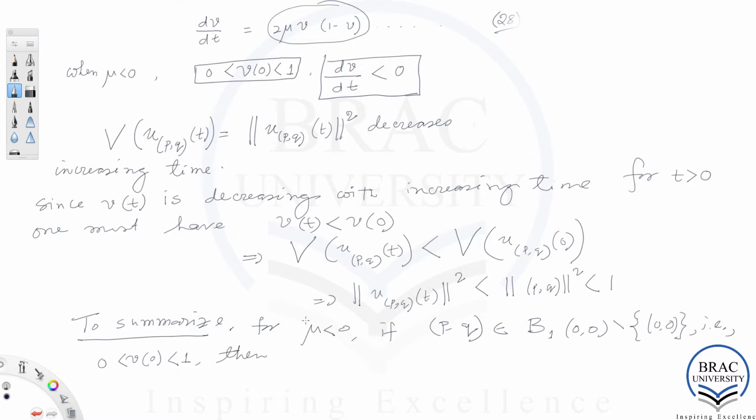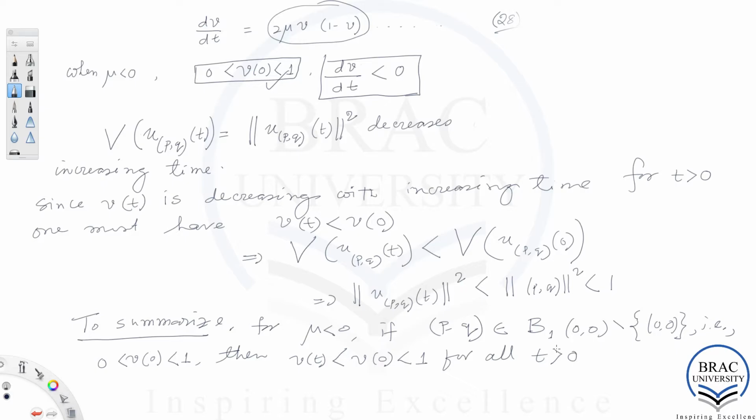Then if this is the case, then v of t is strictly less than v of 0, and we already know that v of 0 is less than 1, for all positive t, right? Because things start happening from t equal to 0. That's the initial point.